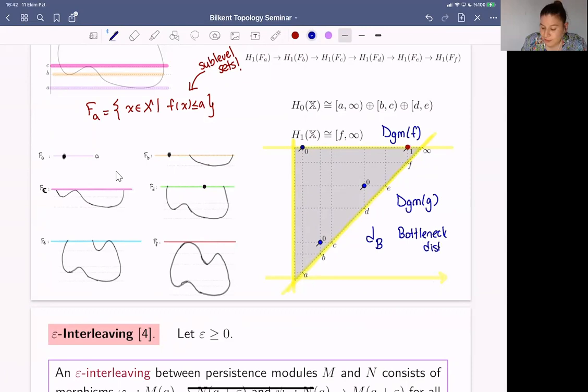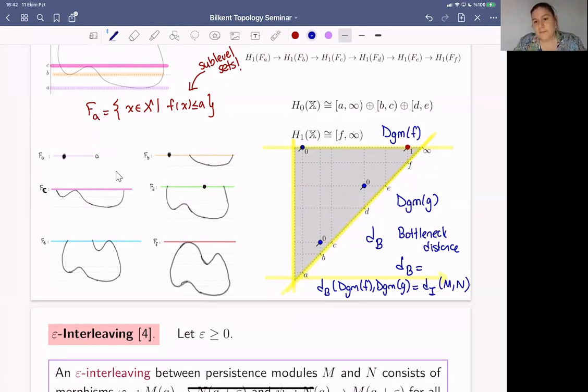In most cases, the bottleneck distance of two persistence diagrams is equal to the interleaving distance of their corresponding persistence modules. So in practice, we use the bottleneck distance, but this is true for the one-parameter case.